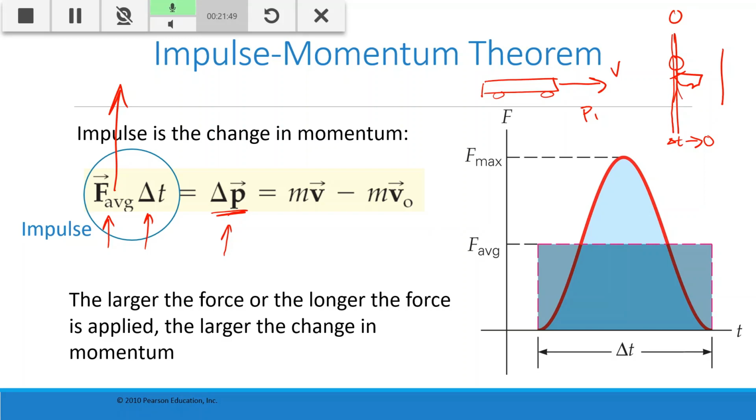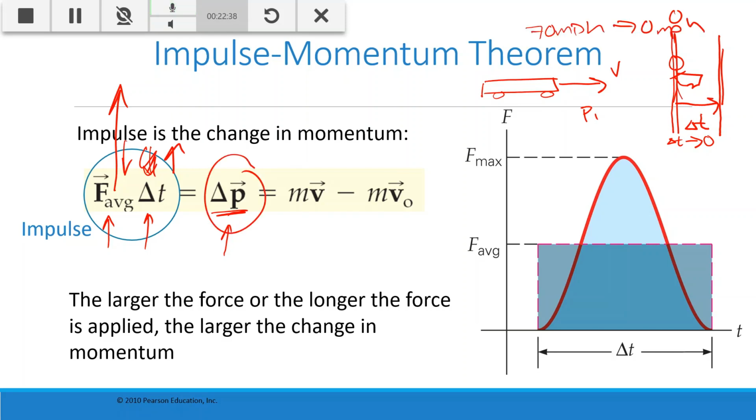Instead, if Superman was smart and wanted to save the passengers in the bus, he would maybe allow his feet to skid or his flying to skid, so that way the collision takes a longer period of time, and then the larger the amount of time is, the smaller the force needs to be in order to cause that exact same change of momentum.